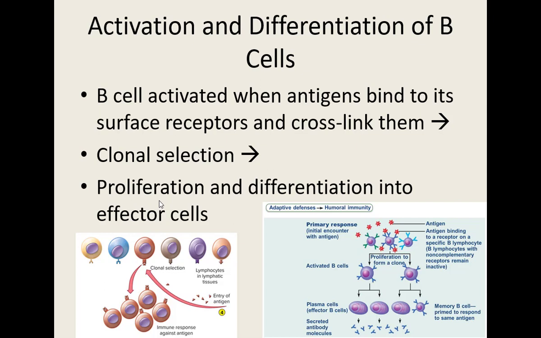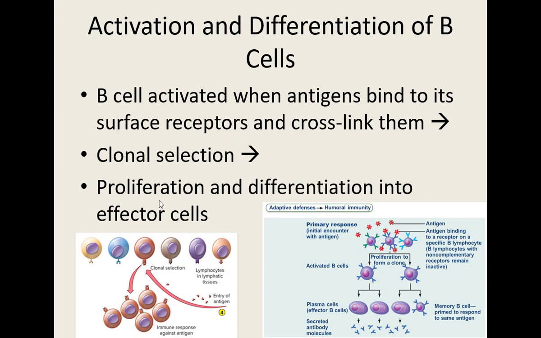Once it makes more of itself, it's going to become one of 2 different kinds of cell. It's going to make more of itself, but then it's going to change a little and become what are known as effector cells, meaning they're going to actually cause an effect. They're going to do something. One of those types of cells is called a plasma cell.